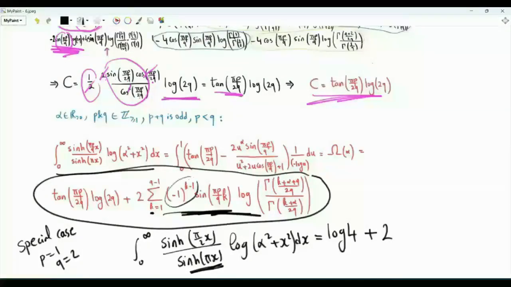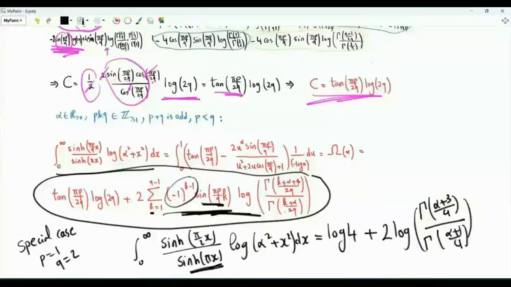We get 2. When k is 1, this is 1. When k is 1, we have sine pi over 2, which is 1. Then we get the logarithm of gamma, k is 1 and q is equal to 2. We have alpha plus 3 over 4 divided by gamma alpha plus 1 over 4.